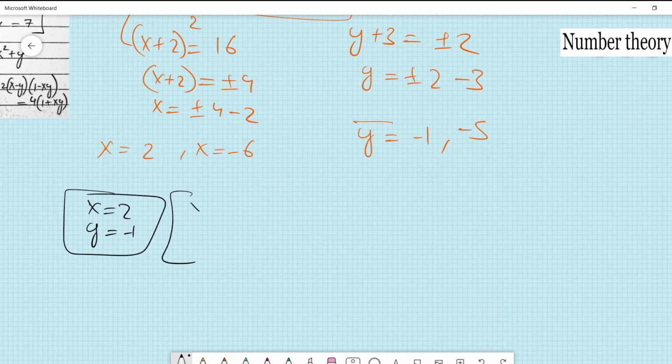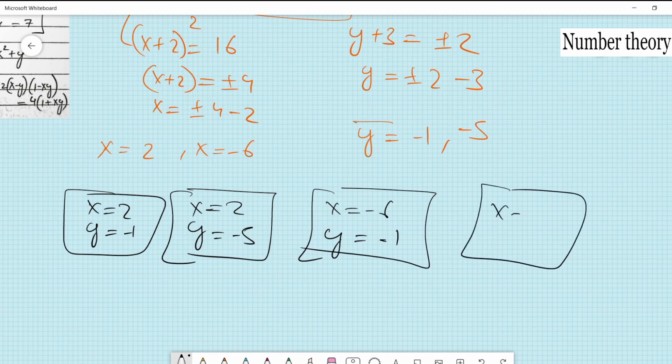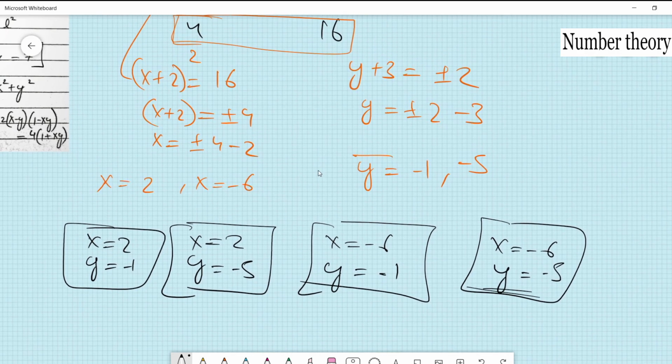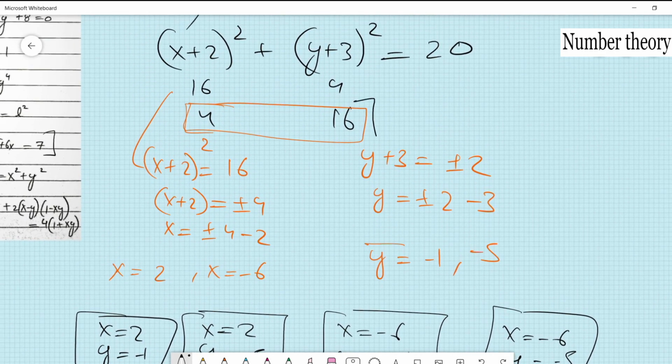You can have x equals 2, y equals minus 5 as another answer, and then x equals minus 6, y equals minus 1 as the third answer, x equals minus 6, y equals minus 5 as the fourth answer. So these are the 4 answers that we are getting, and from here also you have 4 answers, so in total there will be 8 answers. You can handle this case on your own.